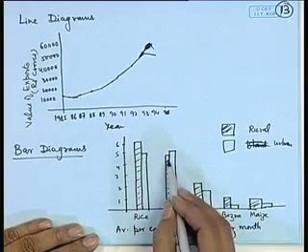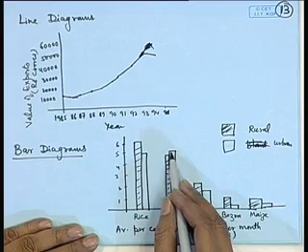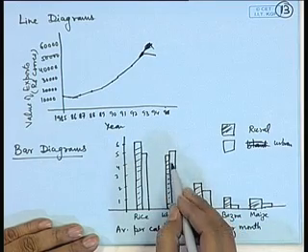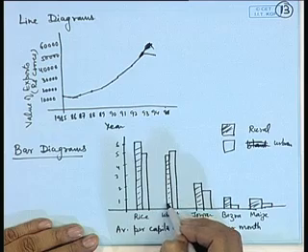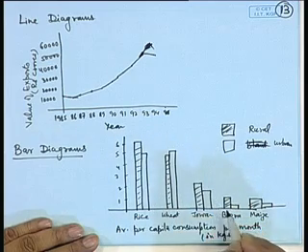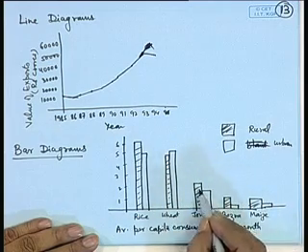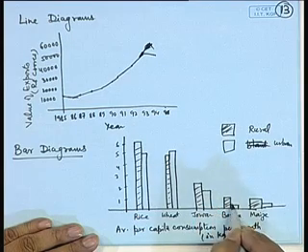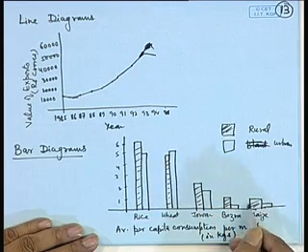Similarly, for wheat, the urban per capita consumption is slightly higher than the rural. Whereas for other crops such as jowar, bajra or maize, the rural consumption per head is much more than the urban consumption.